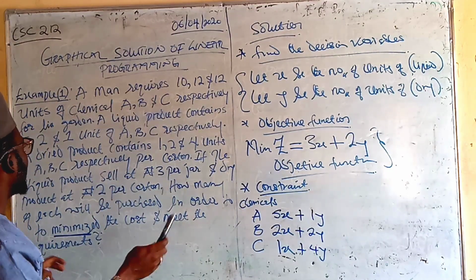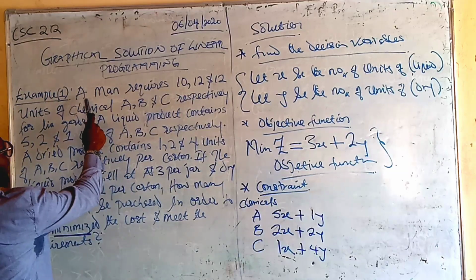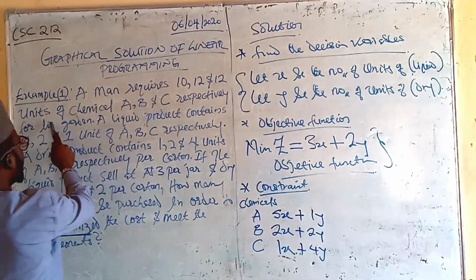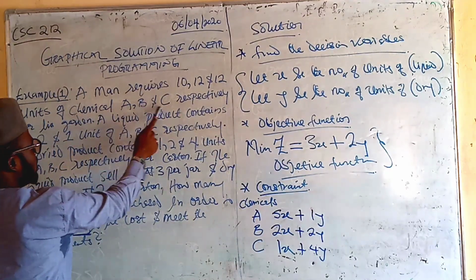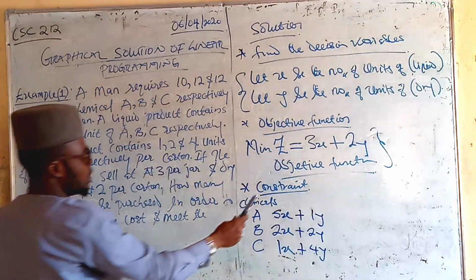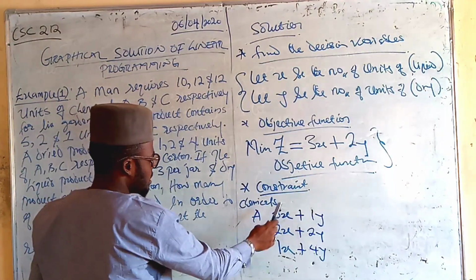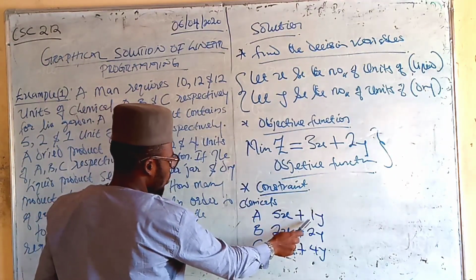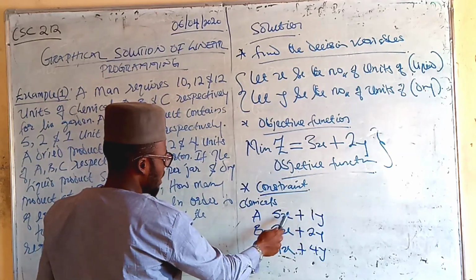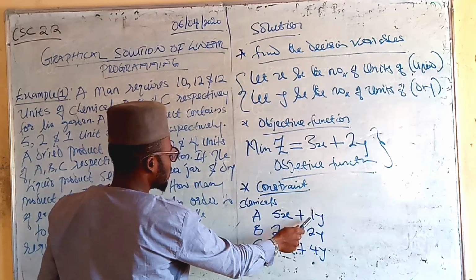And remember, in the problem it's been stated that a man requires 10, 12, and 12 units of chemical A, B, and C respectively for his garden. So that means a man requires 10 units of both the dry and the liquid product.